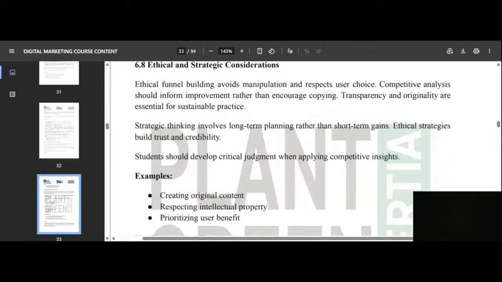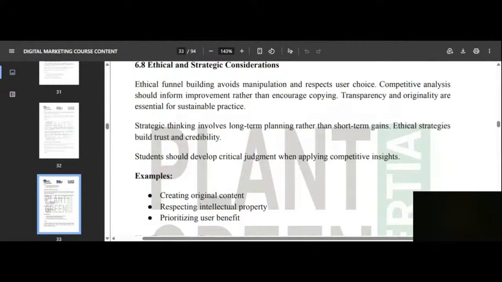Whereas strategic brands respond to reviews, address all of the complaints from the customer, and also maintain consistency for the customer. So reputation impacts the conversion rate, and it is very important for you to have a good reputation for your brand.